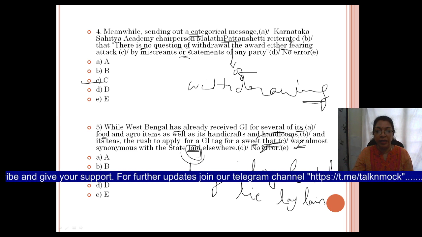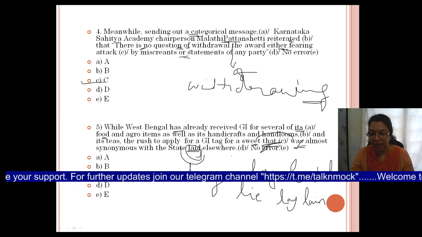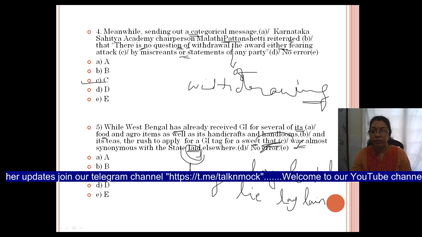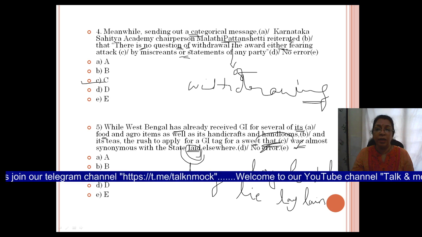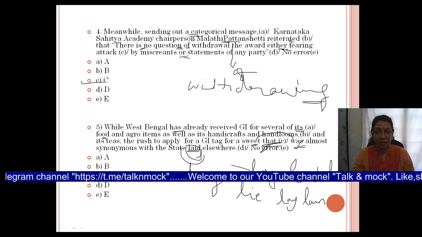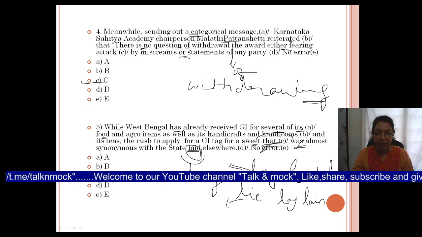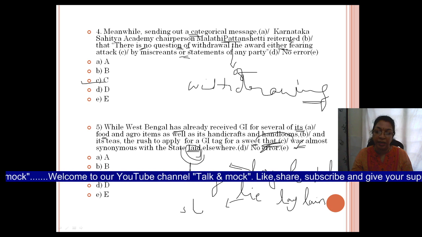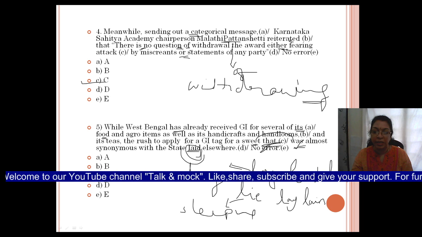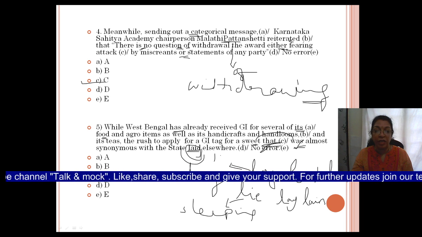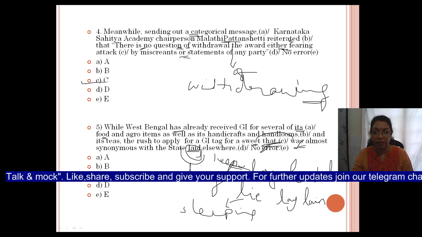So that lay elsewhere means it is placed. Is that clear? So lie, lay, lain comes in the meaning of sleeping. This lay, laid, laid comes in the meaning of keeping or placing.